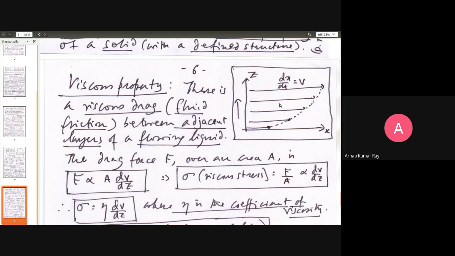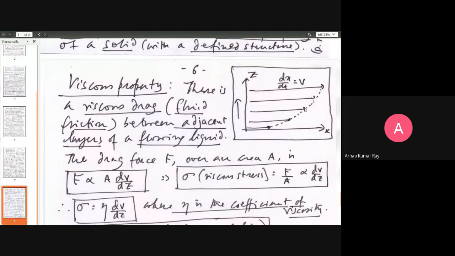Of course, the reality is far more complicated, but I'm just giving a simple representation. So you've got two adjacent layers, and this one is flowing faster than this. So the bottom layer will try to pull down the top layer, and the top layer will try to drag the bottom layer ahead with it. So there is a contest between the two of them.